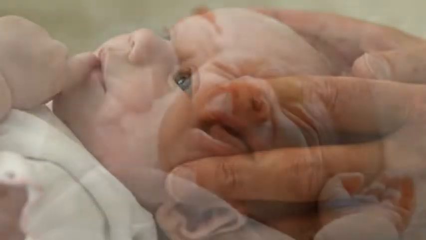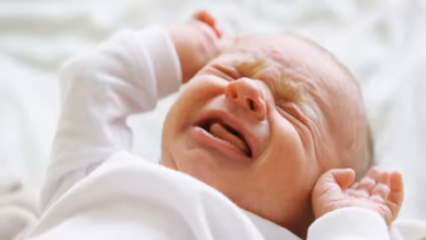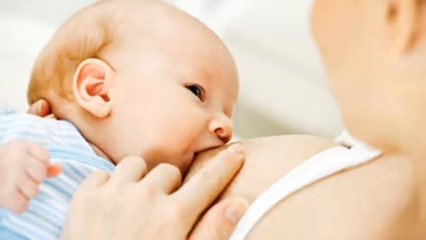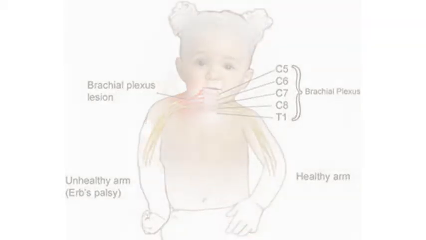Third, how to treat digestive disturbances such as colic and reflux. Fourth, how to resolve latching and feeding difficulties so that breastfeeding mothers can do it happily and comfortably. And most importantly, how to resolve orthopedic conditions such as cervical torticollis, shoulder dystocia, and lower limb abnormalities.